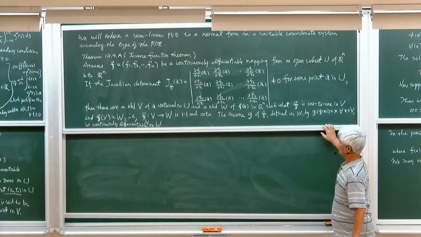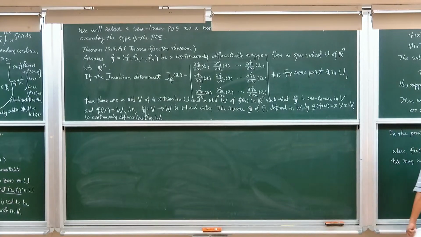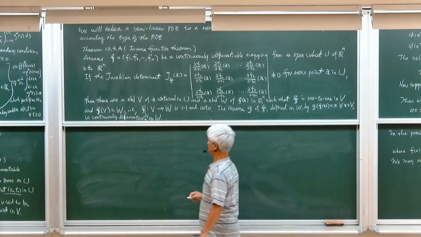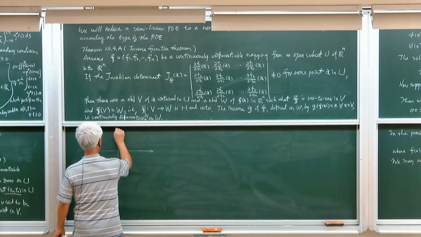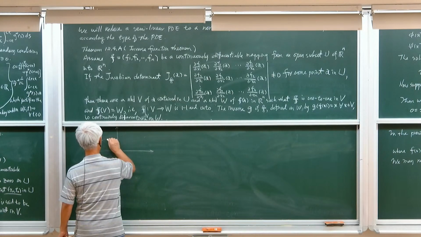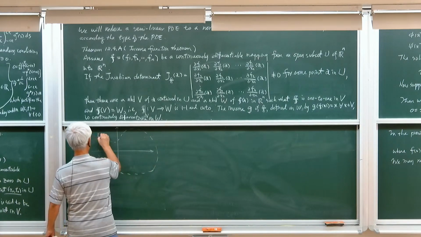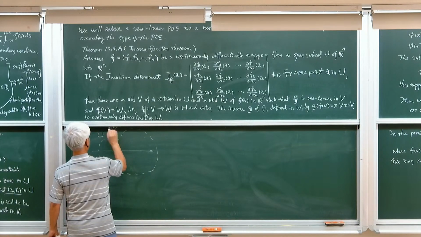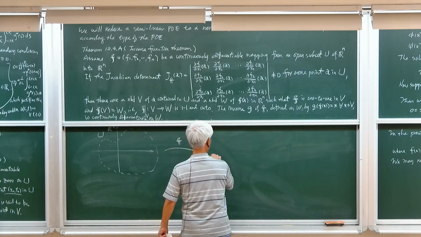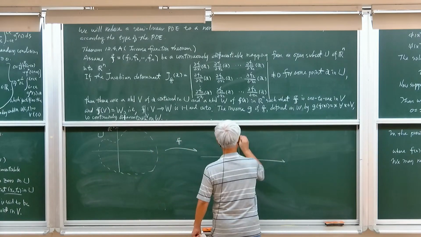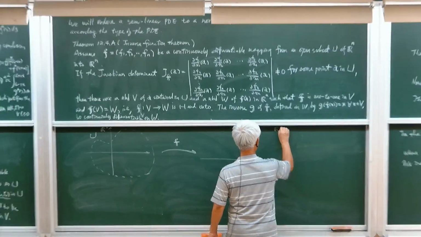Okay, so if we write the mapping, so this is U, suppose in R2, and this is R2, suppose that.